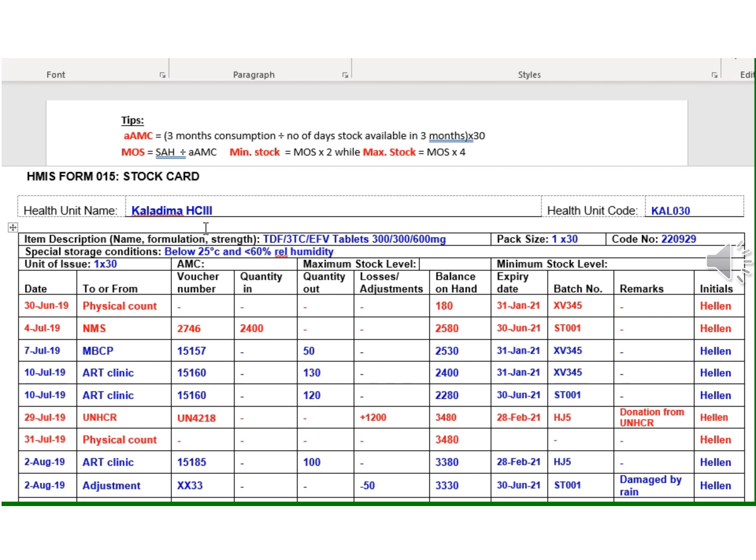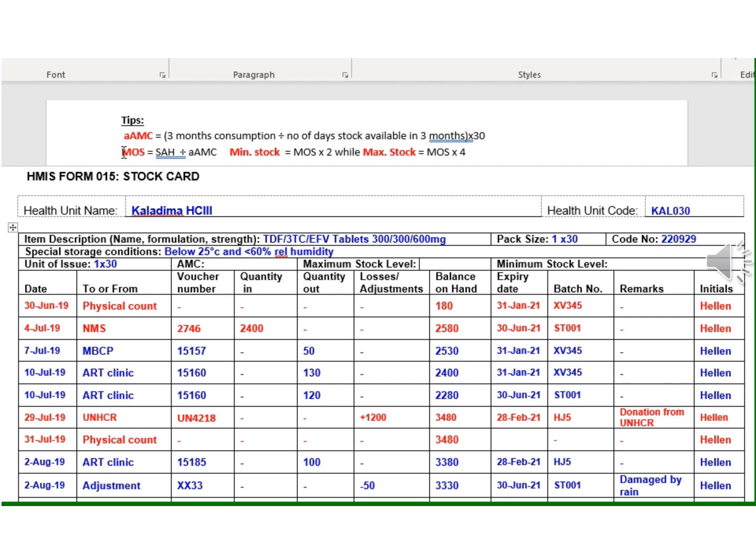I am calculating a daily consumption rate. So my daily consumption rate that I have got, I'll convert it to a monthly rate by multiplying it by 30 days. So if in a day I'm using 1 tin, in a month, which are 30 days, I would be using 30 tins. So whatever you get by dividing by the number of days, you multiply it by 30 days to convert it to a monthly consumption rate.